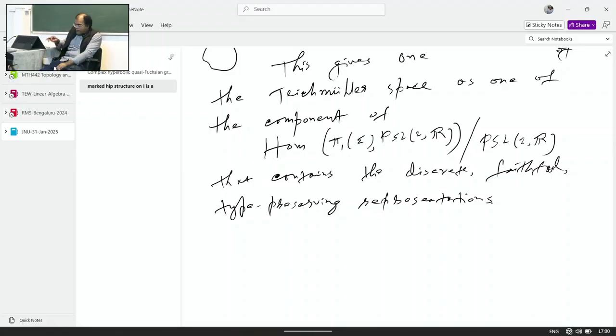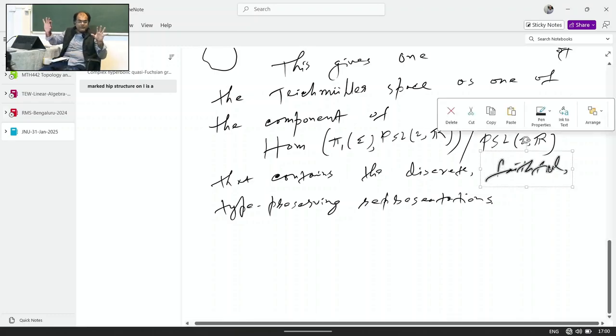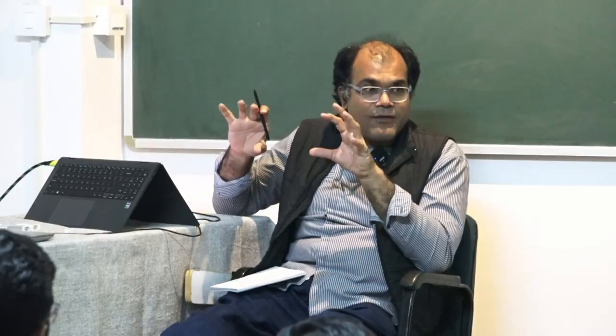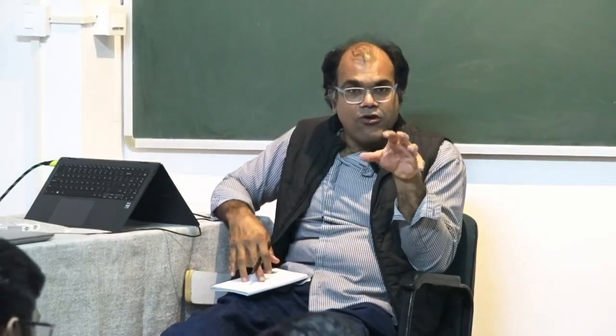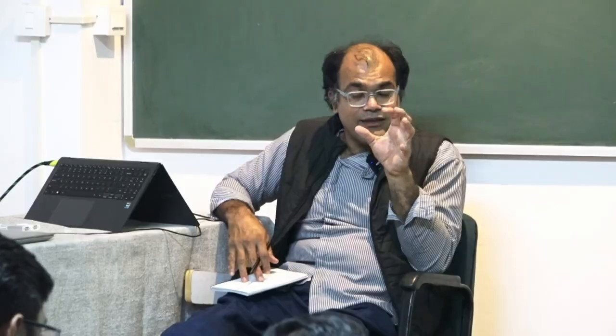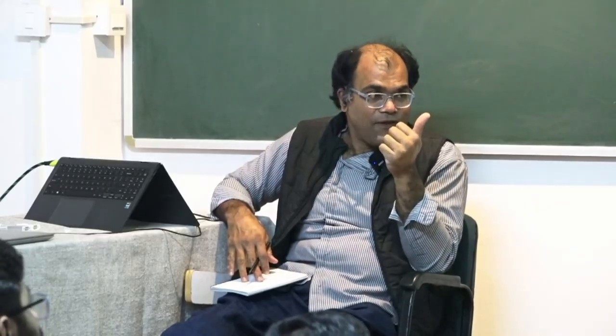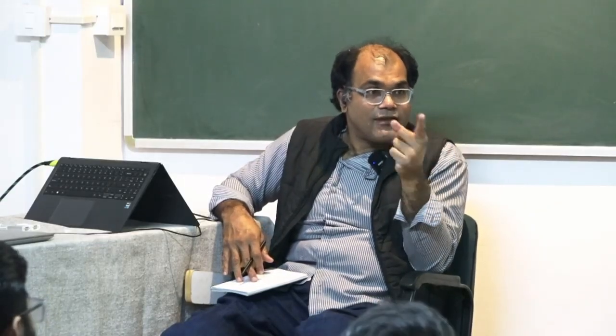So this space, Hom(pi 1, PSL2R) mod PSL2R, is a disconnected space. It has several components. Now one of the components consists of all discrete faithful type preserving representations. That component can be identified with the space of all equivalence classes of hyperbolic structures on the surface, which is the Teichmuller space that we have seen.